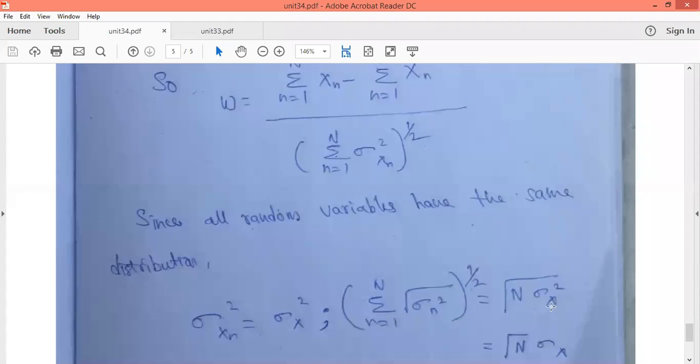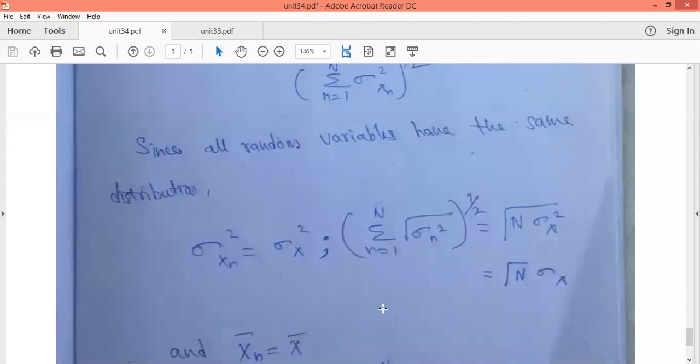Since all the random variables have the same distribution, what is sigma xn square? It will be sigma x square only. That is why sigma x1 square equals sigma x2 square, equals sigma x3 square, equals sigma x square, as all the random variables have the same distribution.